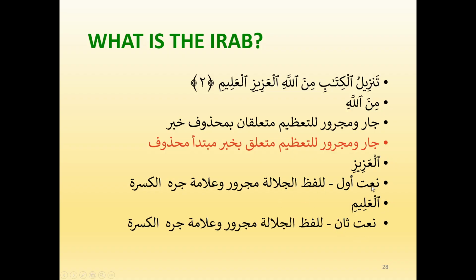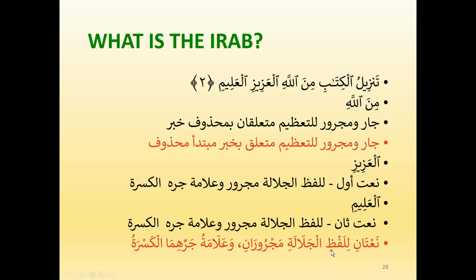If we don't want to repeat ourselves, what we would do is we can also say na'atani, the two sifas, li lafzul jalala majrurani, because it's two, wa alamatu jarrihima, hima, not huma, because of the kasrah here, so it becomes jarrihima al-kasrati. Yeah, kasrati, sorry. So I will correct that, inshallah.